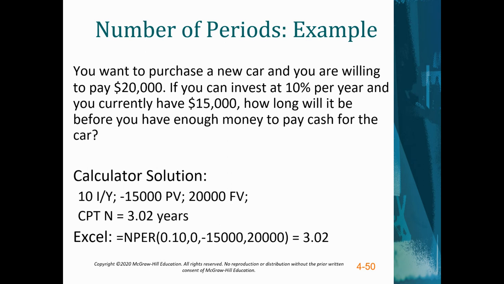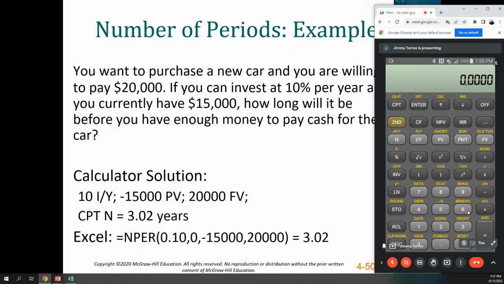Let's go ahead and do it with the calculator. So basically, what I'm going to have is 10 is the I over Y, the percentage. So 10 I over Y, enter. The present value is 15,000. That's what I'm putting in, so I'm going to make that negative.